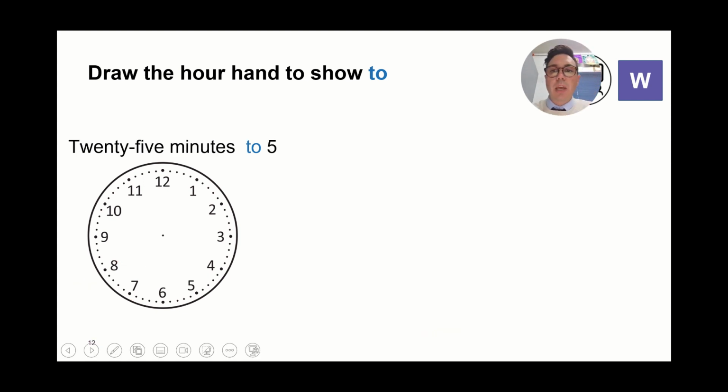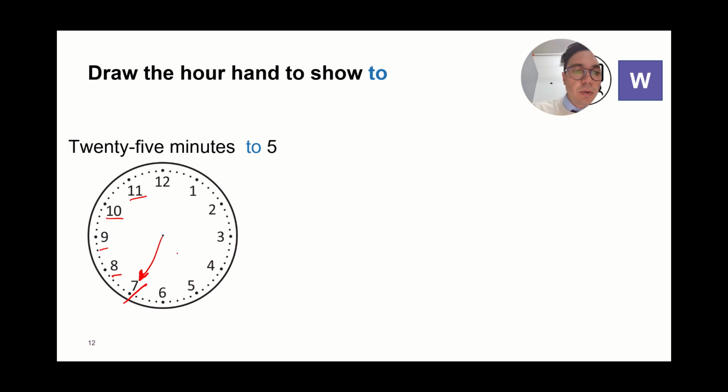Okay, second one for you to do. 25 minutes to 5. You need to do both hour hand and minute hand. So we need to find 25 minutes. Remember, counting down from the top, moving anti-clockwise. Do it now. Okay, so we've gone 5, 10, 15, 20, 25. So our minute hand's pointing here, and we're going to 5.